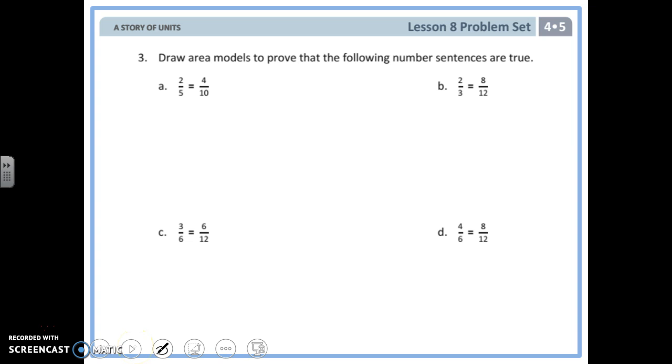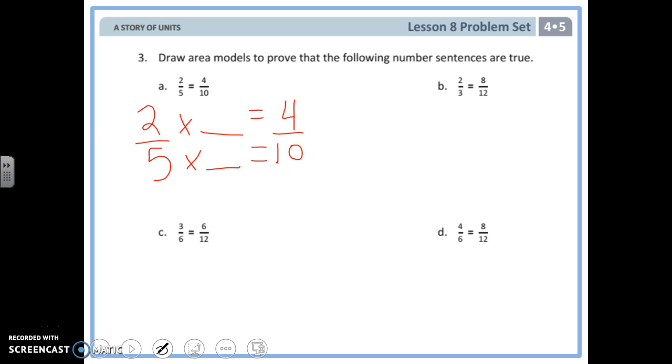Now this one here says draw area models to prove. But we've kind of worked with area models already, so what I'd like you to do is to just write out the fraction and give yourself some more room. Times blank equals. I would like you to use multiplication, because we can draw the models, but models take time.